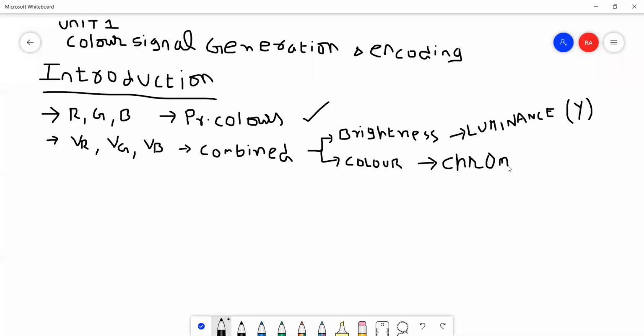So luminance and chrominance: brightness and color are simply luminance and chroma.